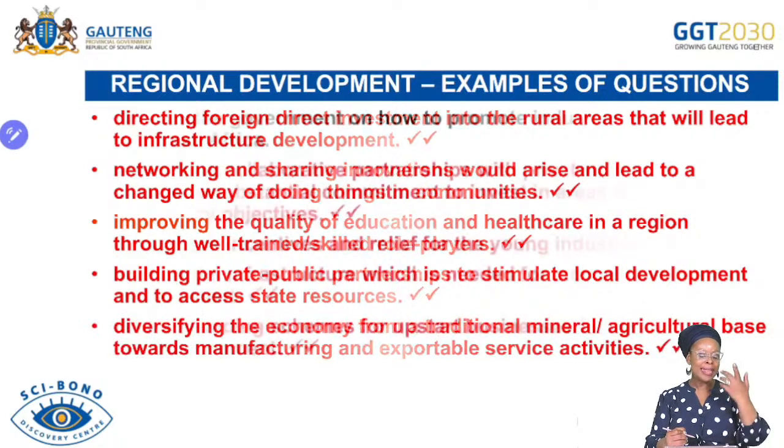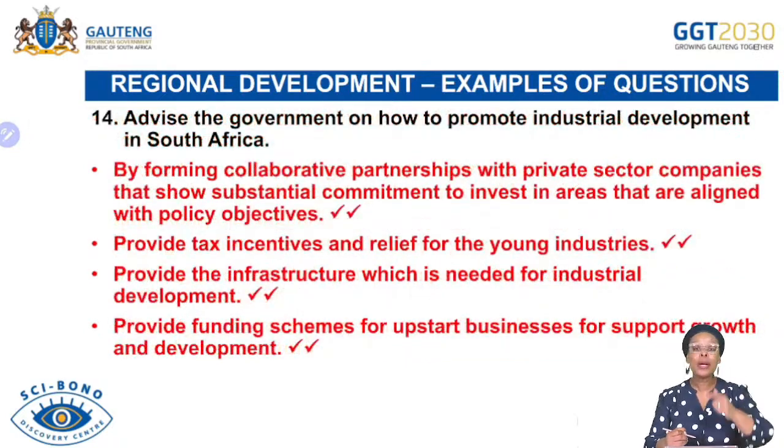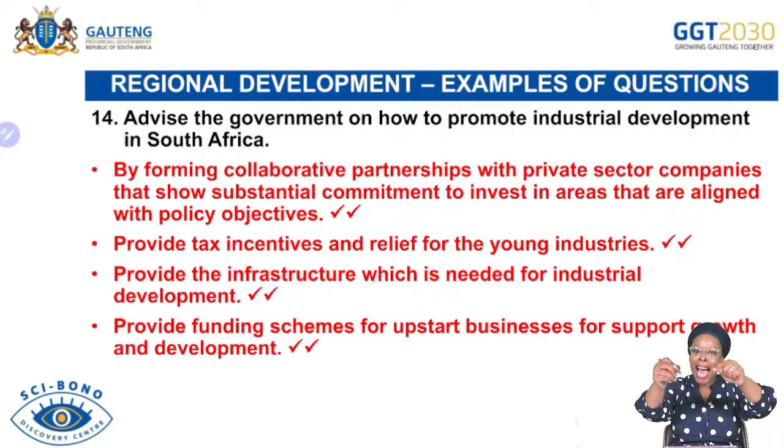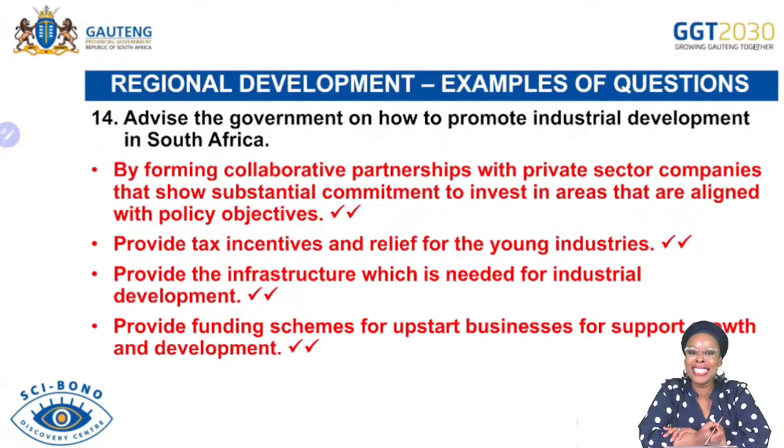Let's look at the last question. You can be asked to advise the Minister of DTIC, the Department of Trade, Industry and Competition. The question is phrased like this, and it's also a higher order question: advise the government on how to promote industrial development in South Africa.